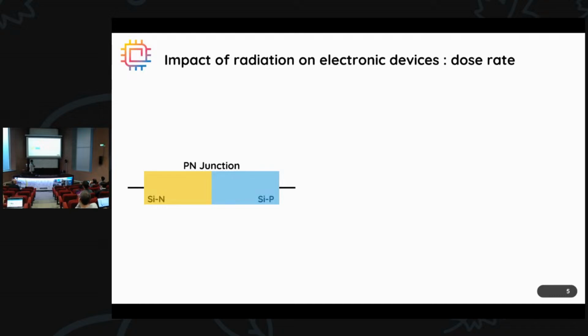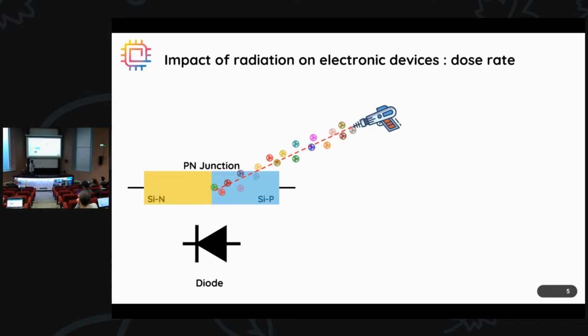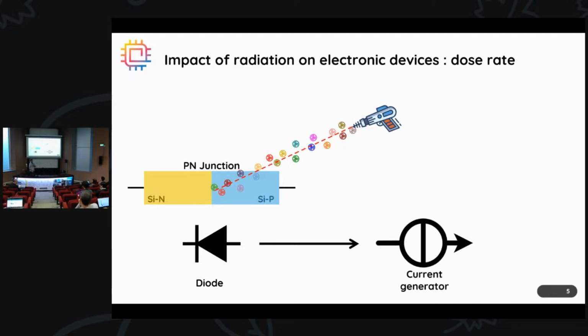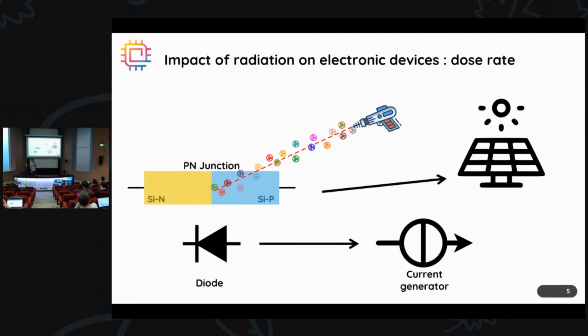A PN junction is a diode, and when a diode is submitted to a radiation beam, like a dose rate radiation beam, it behaves as a current generator, which is super cool when you try to make photovoltaic cells, but not when you are trying to build a circuit.